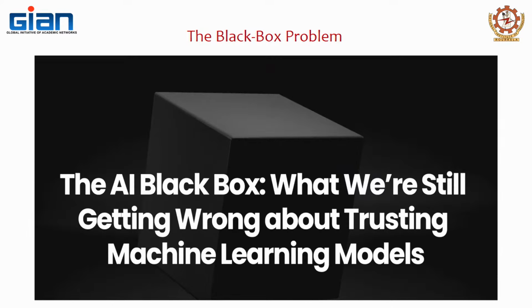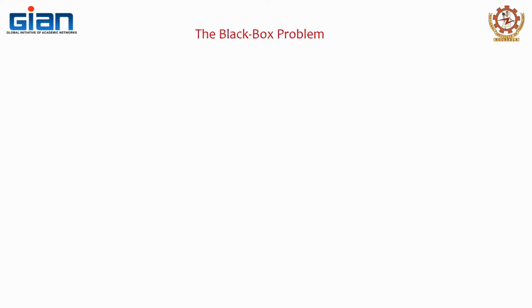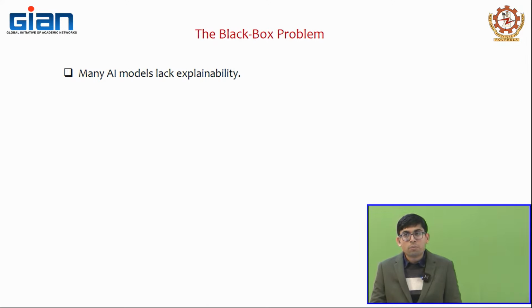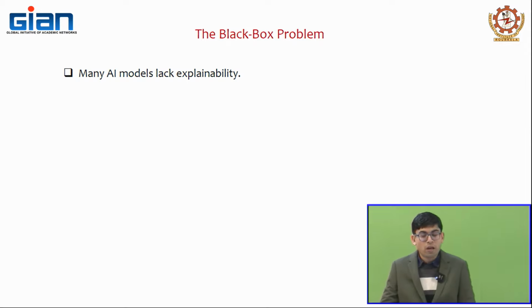So a lot of times you'll hear this term, black box. A lot of people will say that AI is a black box. They'll say that AI is magic. It's not. It's basically a set of mathematical rules. But what is leading to this misconception regarding AI is the fact that there is not enough trust in using these models. So what is the black box problem? It all comes down to the interpretability and the explainability aspect that we have covered. Many of these models lack explainability.